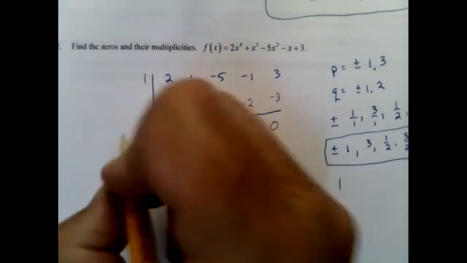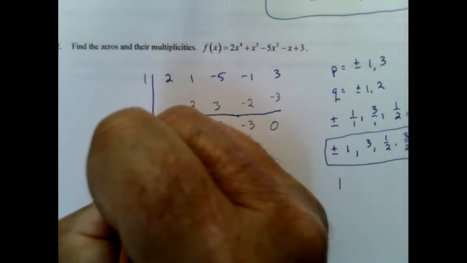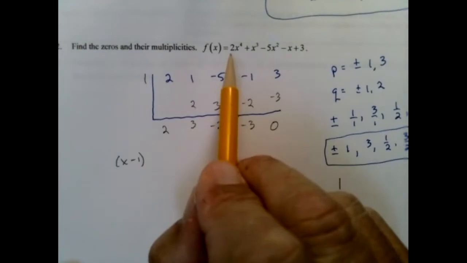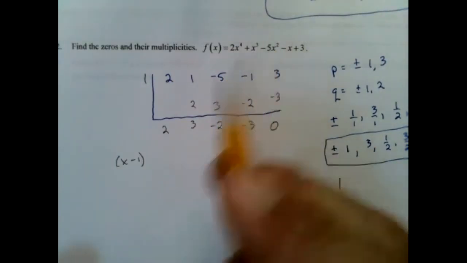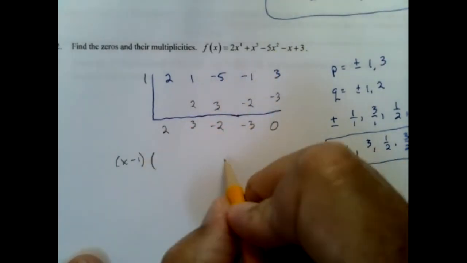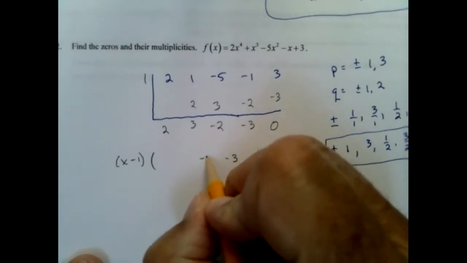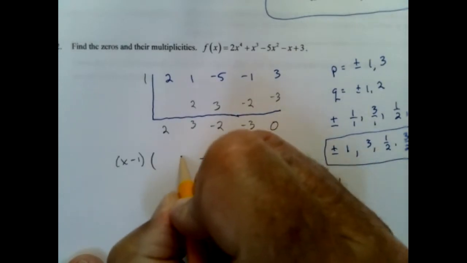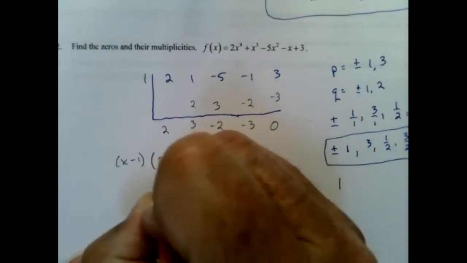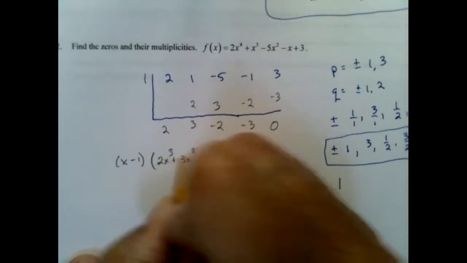So what is it I've just accomplished? I took x minus my c, x minus 1, and basically divided it into that, and I'm left with 2x cubed, 3x squared, -2x, -3.